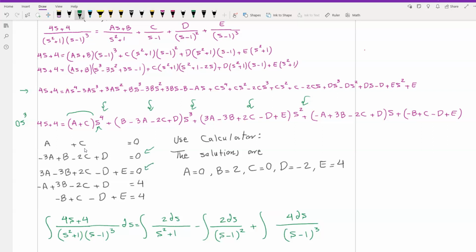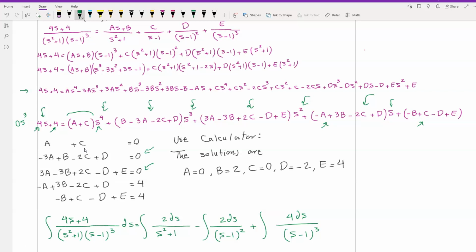So 3A − 3B + 2C − D + E is 0. And now for s, we do have s on the left side, and the coefficient of s is 4. So −A + 3B − 2C + D is equal to 4. And finally, −B + C − D + E is equal to 4.